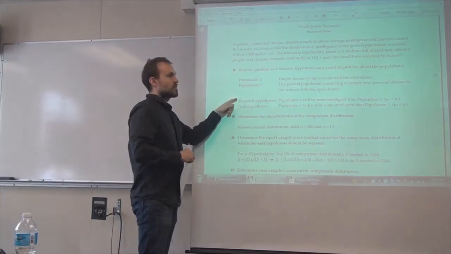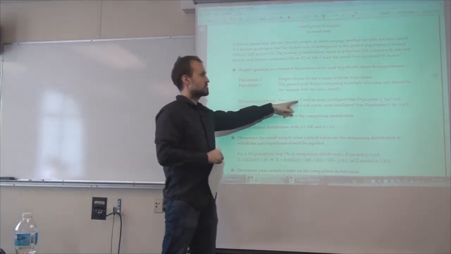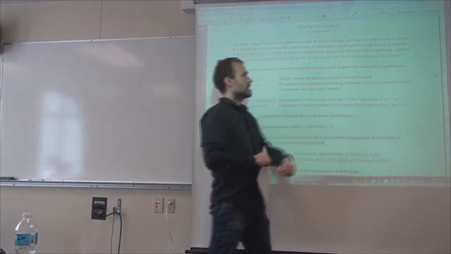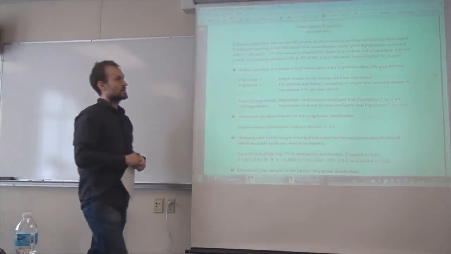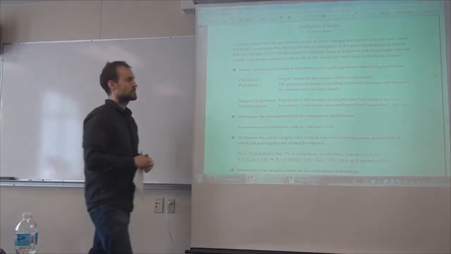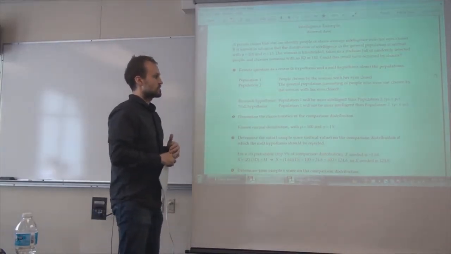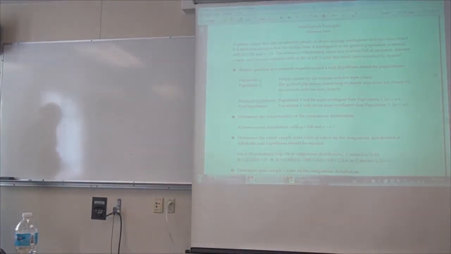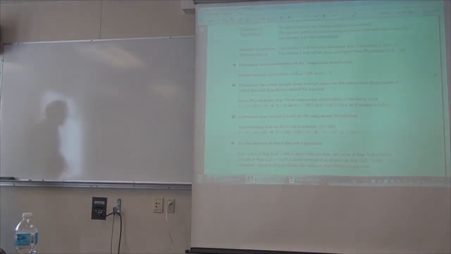I was hoping that the people that she chose have an average intelligence mean that's higher than the population mean, and then the null hypothesis is the opposite. So in that case, she essentially took a sample of one person.